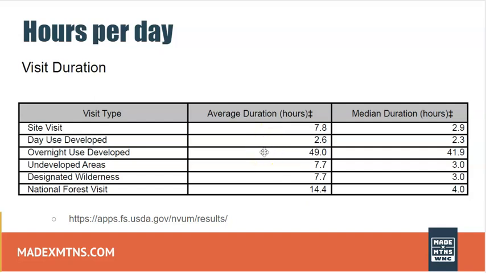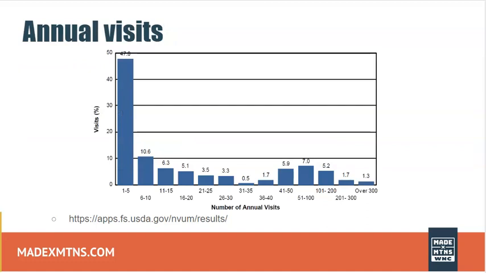Overnight use developed is 49 hours. So that's about 2 full days. And on down. So you can see that visit duration varies for different activities.